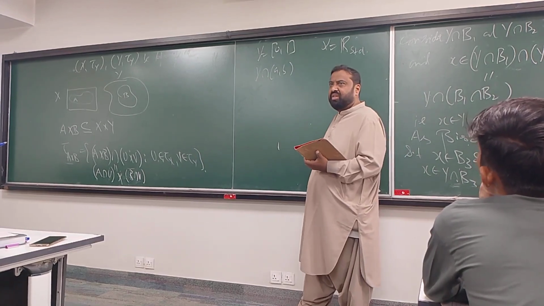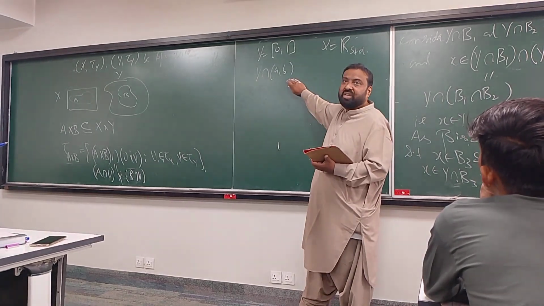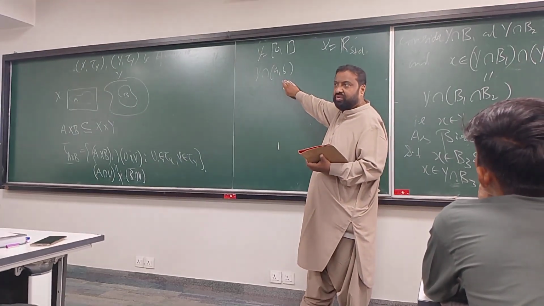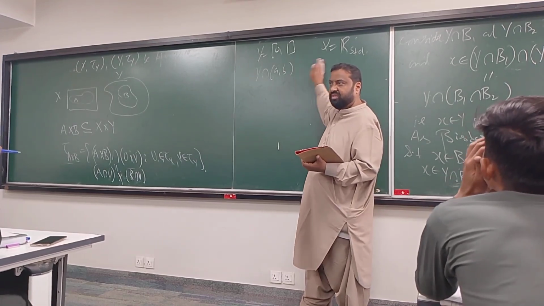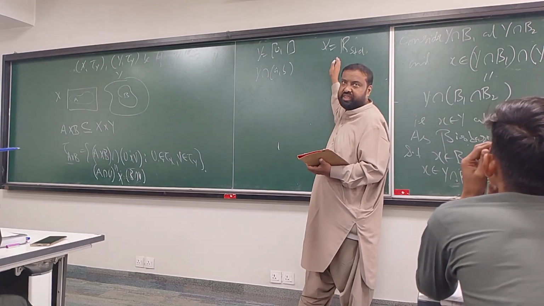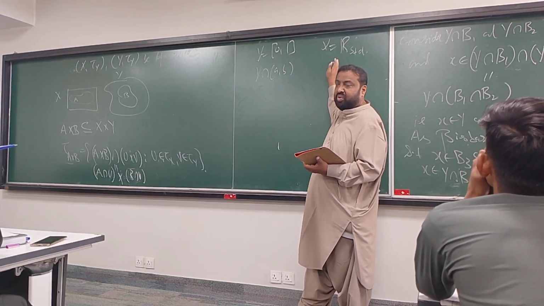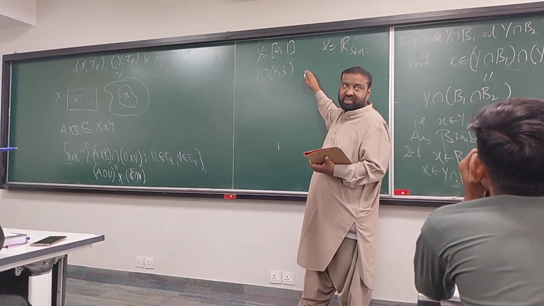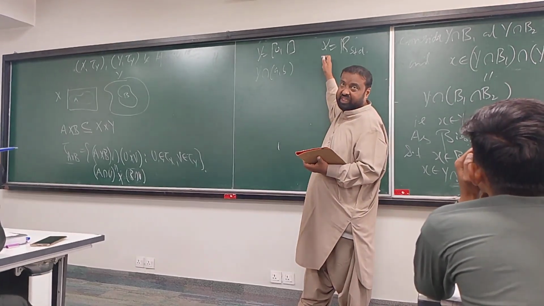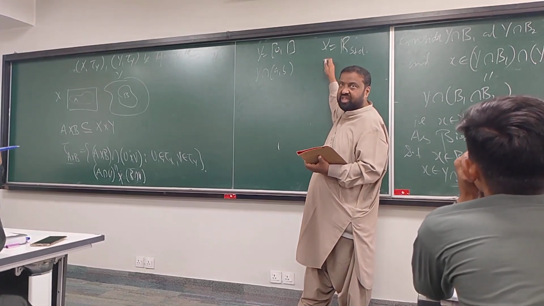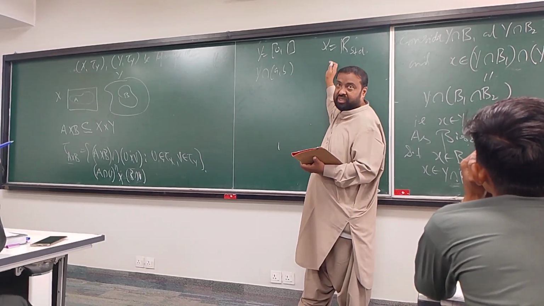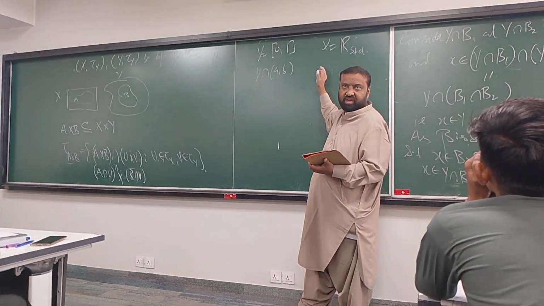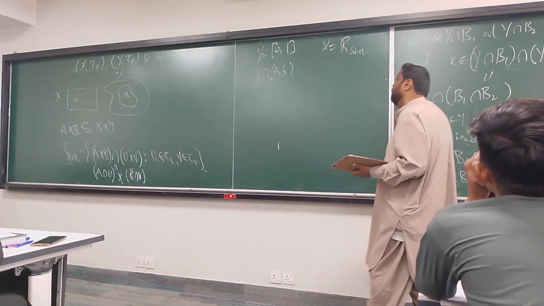It's not necessary that it should be a single open interval, because there can be open sets that are unions of such open intervals. What is the basis for a standard topology? Open intervals. So this means that open sets inside R are either open intervals, or they are the union of open intervals.